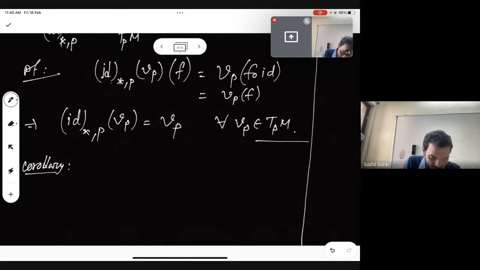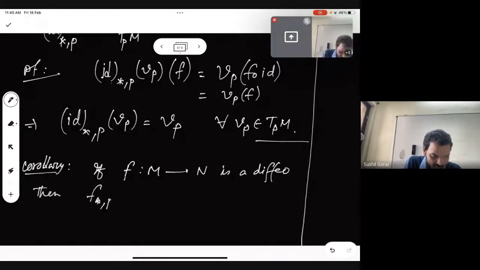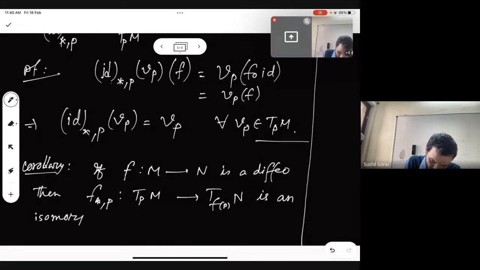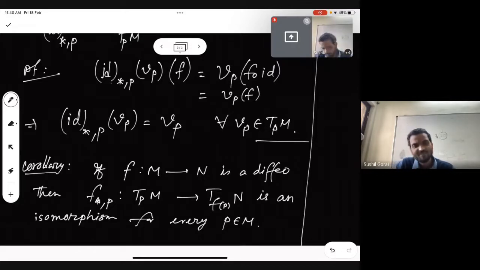If f from M to N is a diffeomorphism, then f star P from TPM to TFP N is an isomorphism for every P in M. Is this clear?